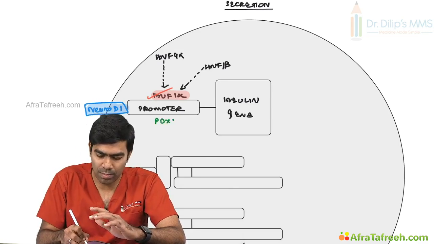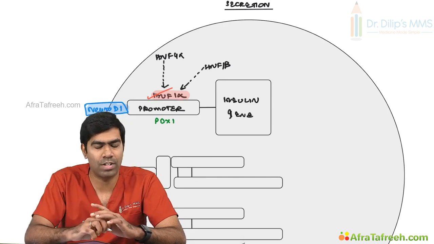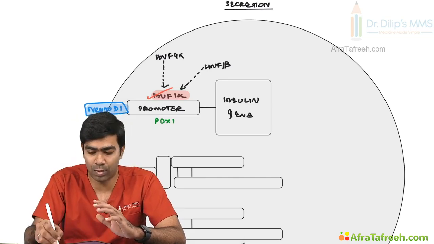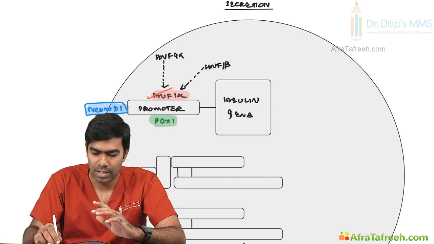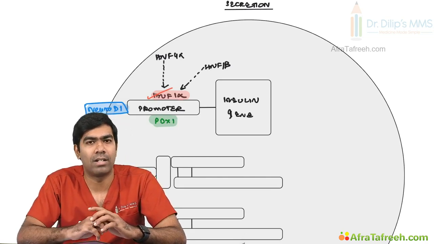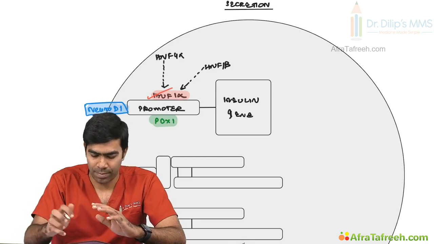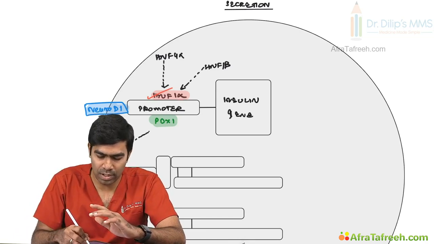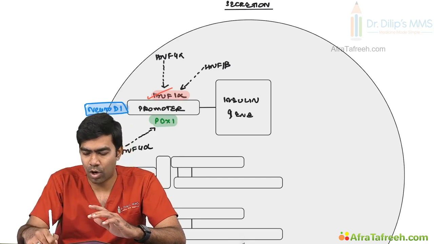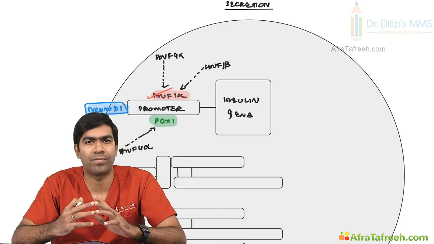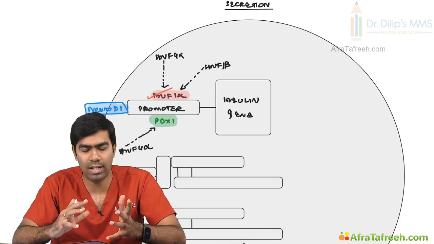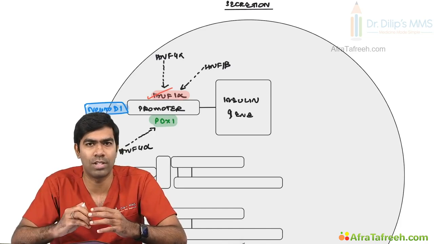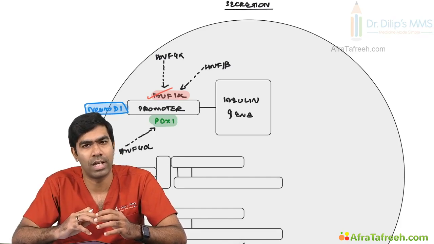And the third one that is important for the proper functioning of the insulin gene promoter is PDX1, which is also important for pancreatic development during embryonic life. And PDX1 is further influenced by HNF4 alpha once again, so that all these transcription factors play a very substantial role in the transcription of the insulin gene, thereby the subsequent production of the insulin molecule.